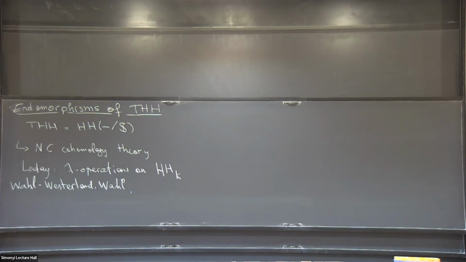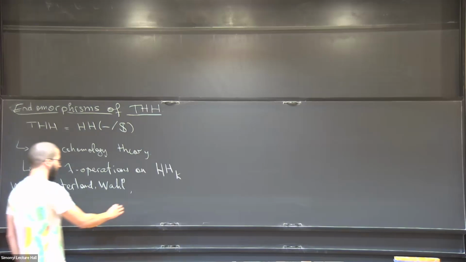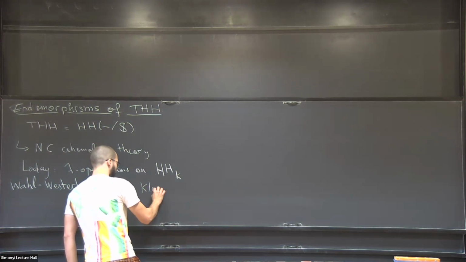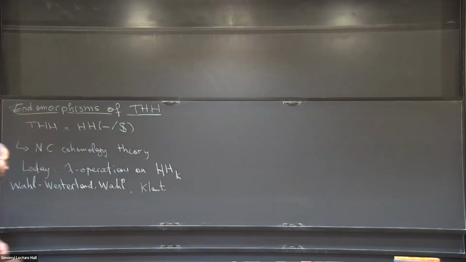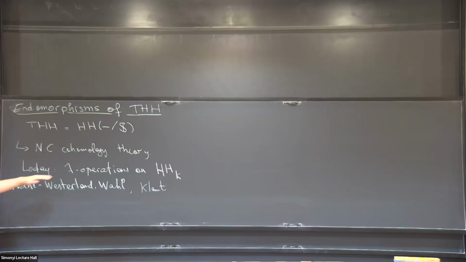And I think this was further studied in the case of commutative algebra by Klamt, who computes the actual operations on Hochschild homology of commutative algebras. And she finds a fun fact that these lambda operations or these shuffle operations of Loday can be infinitely summed.